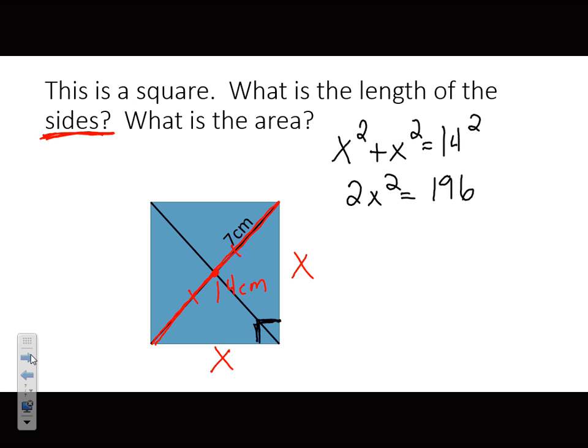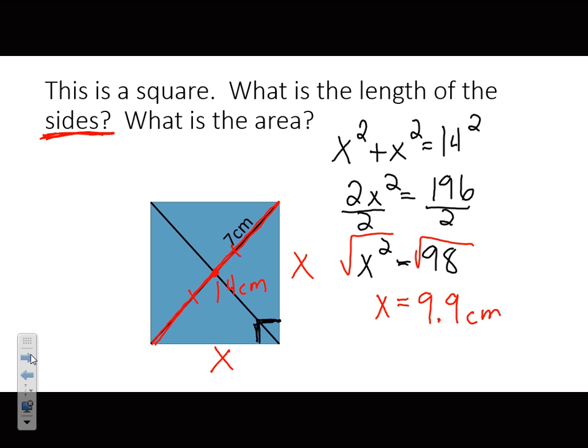Now we're going to divide both sides by 2. So x squared equals 98. Now when we take the square root of both sides, we're going to round to the nearest tenth here. So x is going to equal 9.9 centimeters. Now, once we know that, they also say, okay, what is the area?